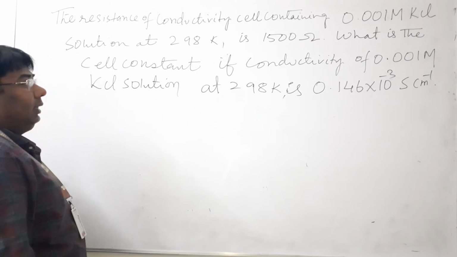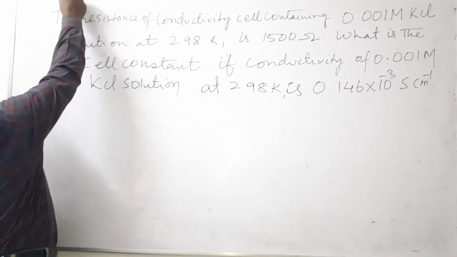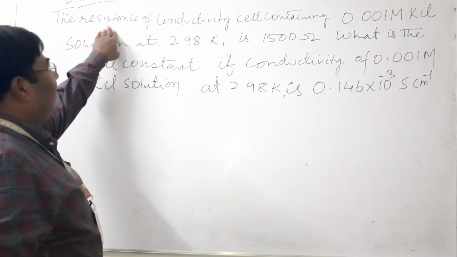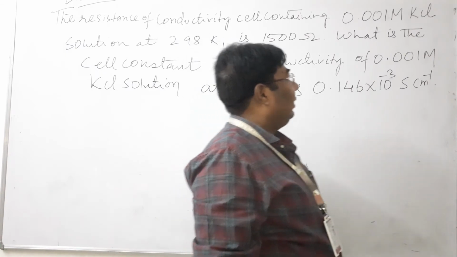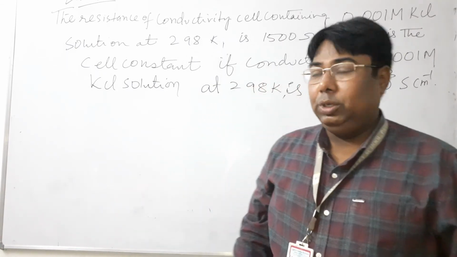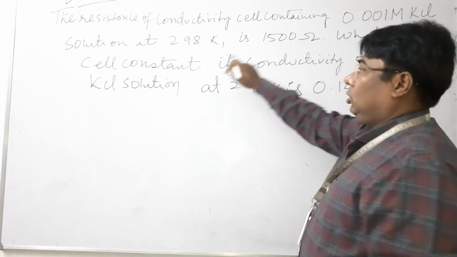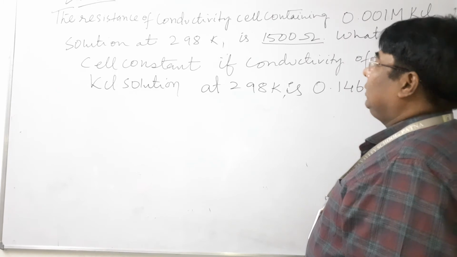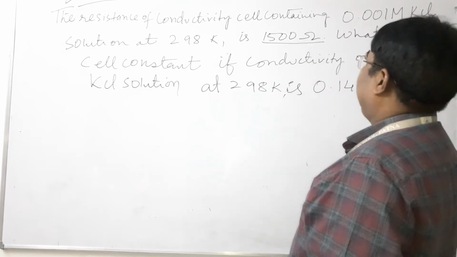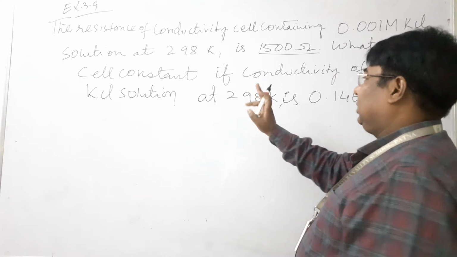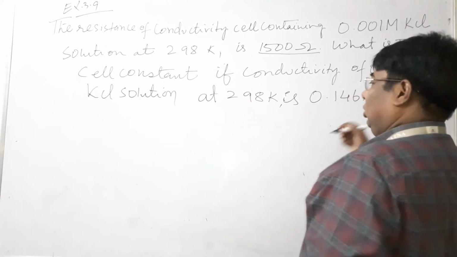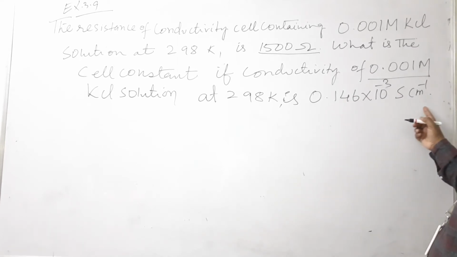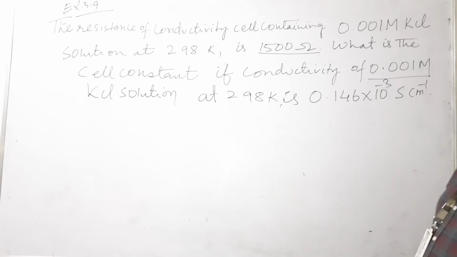Students, it is an important numerical, exercise 3.9 of NCERT. The question is: the resistance of a conductivity cell containing 0.001 M KCl solution at 298 Kelvin is 1500 ohm. What is the cell constant if the conductivity of 0.001 M KCl solution at 298 Kelvin is 0.146 into 10 to the power minus 3 Siemens centimeter inverse?